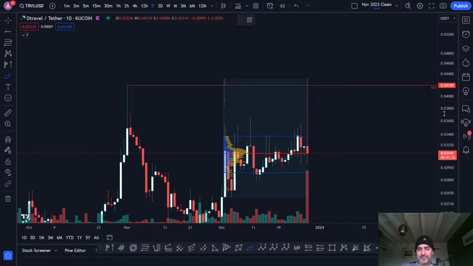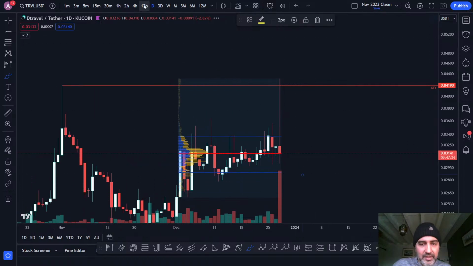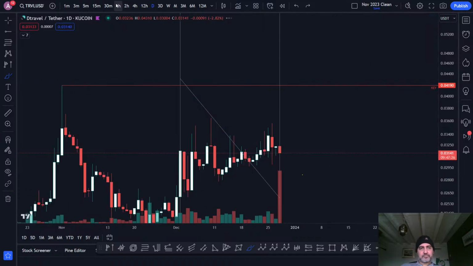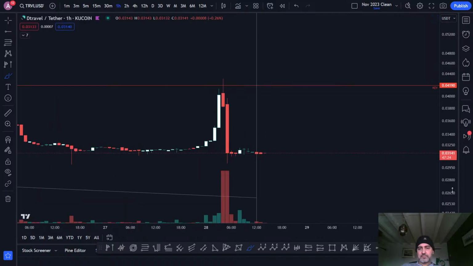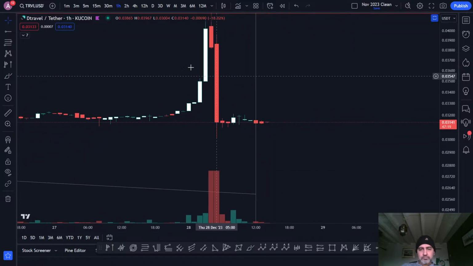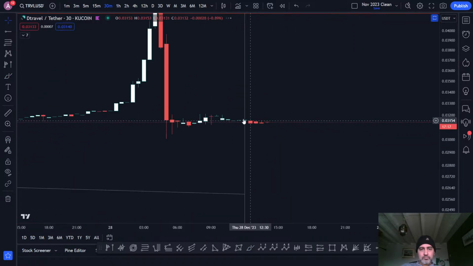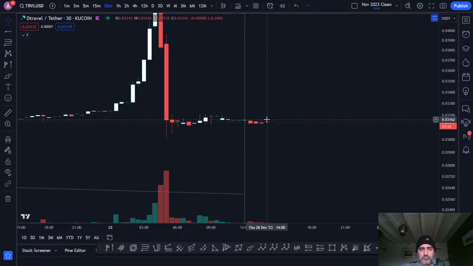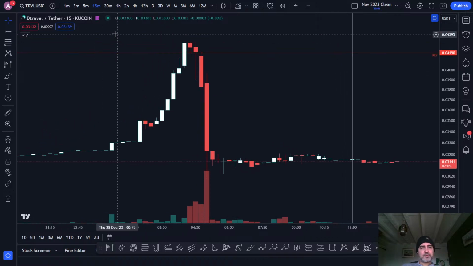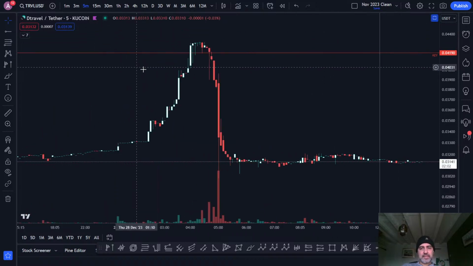Let's see, why not? But at the moment we're at a really interesting, decisive point. Let me have a look at what the volume profile is on these candles here.